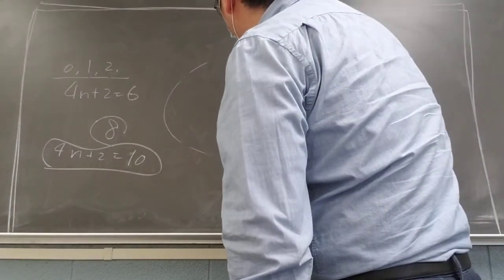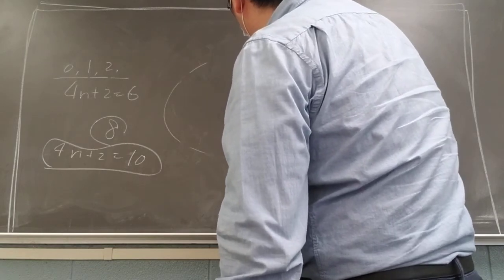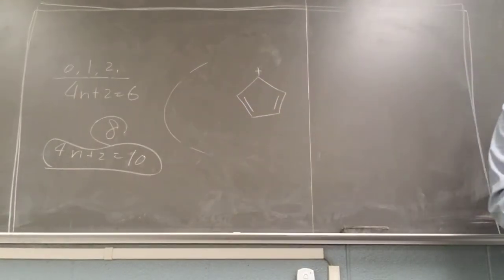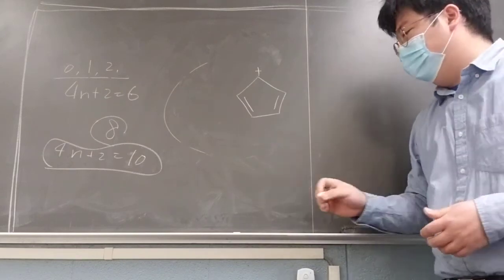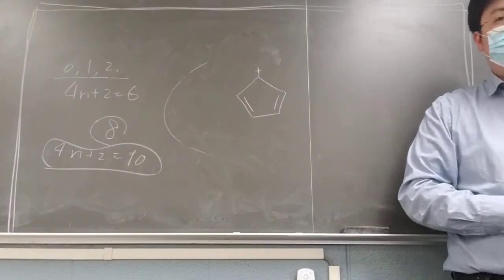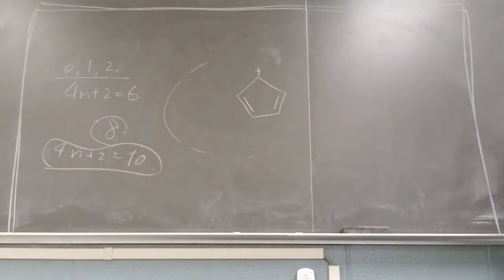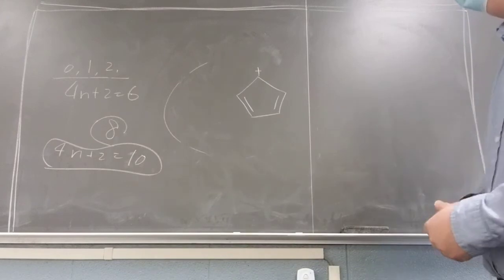How about, can you guys try this one? Now we have a charge. We have some cation over here. And see if it's aromatic or not. So this is slightly different, but almost the same rule anyway.